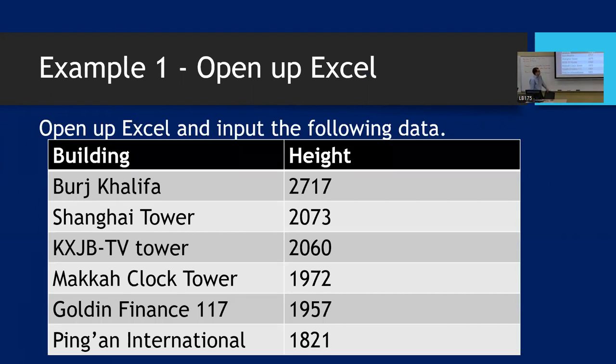So remember this data set where we had heights of buildings and we found the average and the median. So we found the mean, the median, we found the mode, there was no mode here. We didn't find the standard deviation or the range, but that's fine.